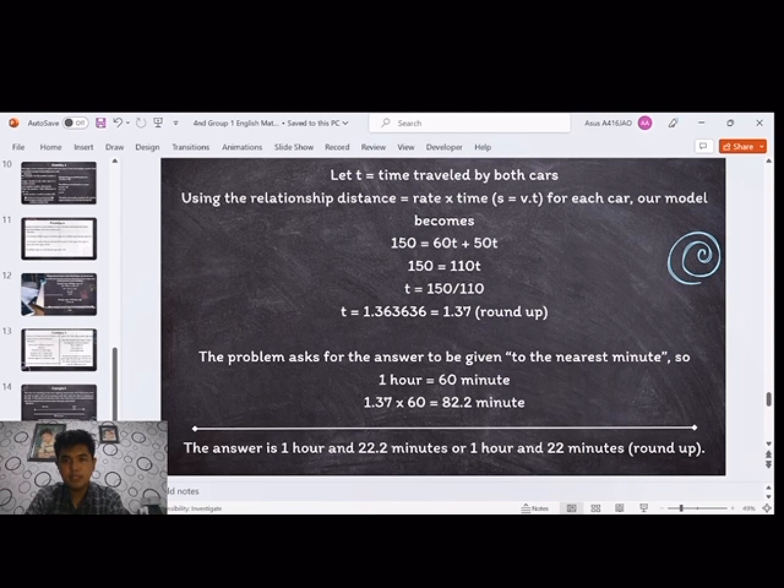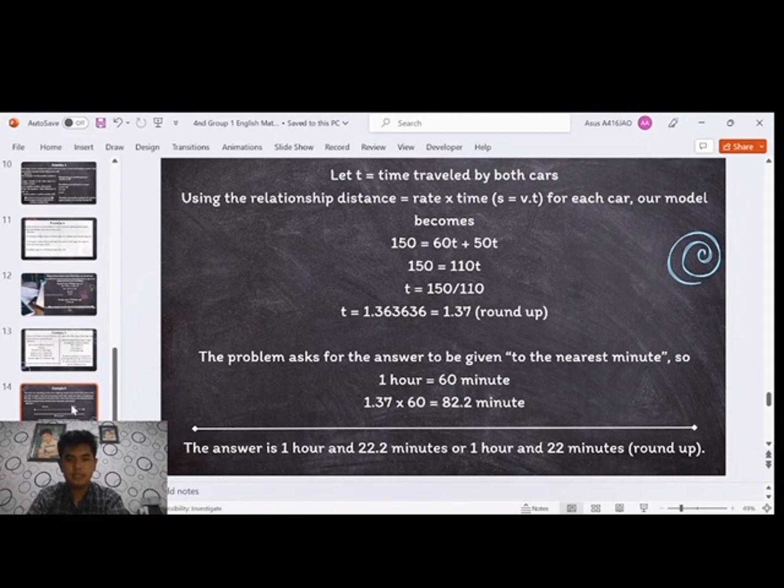So it will be 1.36336. The question asks for the nearest hundredth, so it will be rounded up because the next digit is 6, so it will be 1.37.